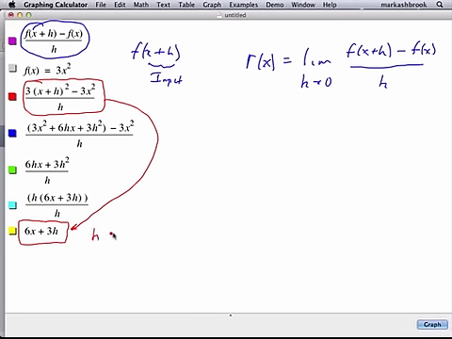Yeah, so we're going to say let h go to 0, which means let h get atomically small. As that happens, 6 plus 3h becomes 6x. Okay, got our exact rate function.